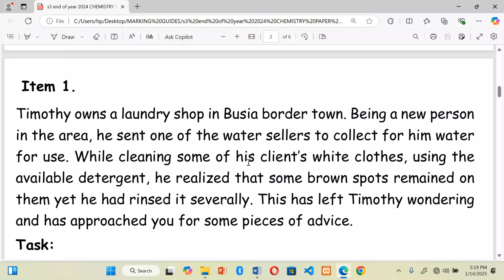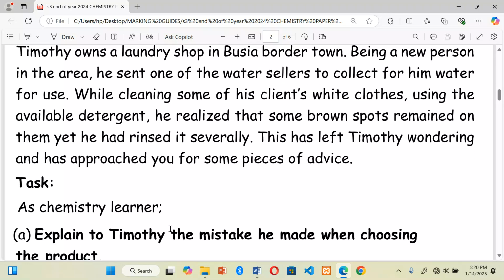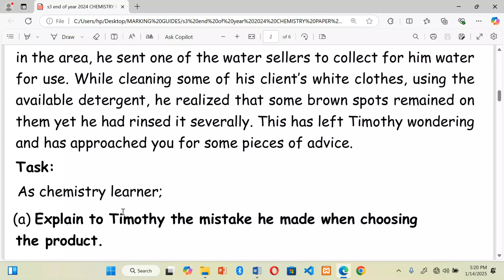While cleaning some of his clients' white clothes using the available detergent, he realized that some brown spots remained on them, yet he had rinsed them severely. This has left Timothy wondering and he has approached you for some advice. Task: as a chemistry learner, explain to Timothy the mistake he made when choosing the product.